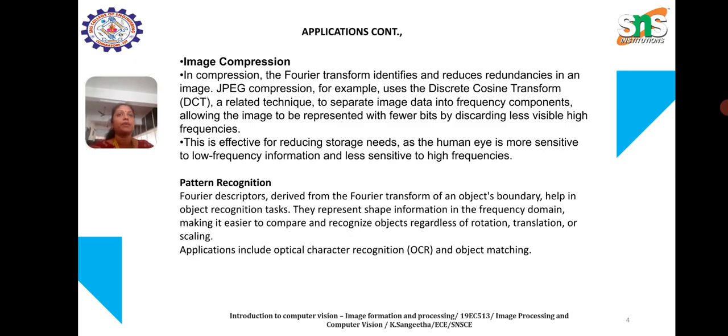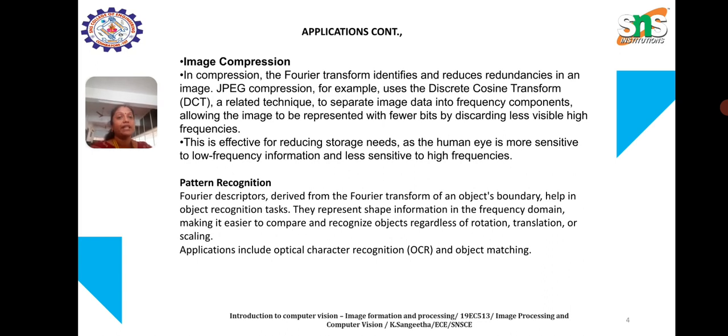And pattern recognition and image recognition. The first one is image registration. Aligning images involves finding the spatial information that relates the images. The Fourier transform is used in phase correlation techniques to compute translation, rotation and scaling between images. And pattern recognition: the Fourier descriptors derived from the Fourier transform of an image object's boundary help in object recognition tasks.